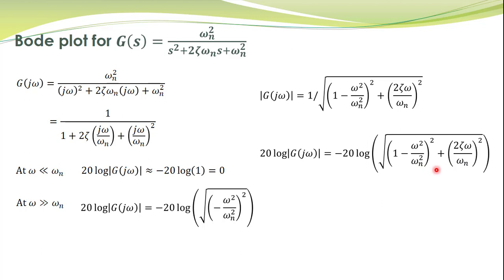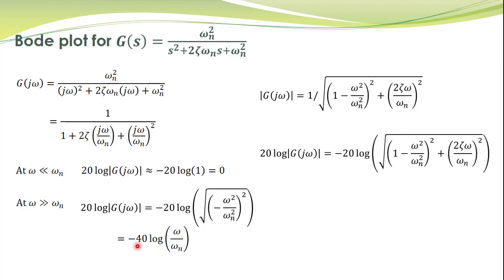Therefore this expression is equal to minus 20 log of the square root of this thing. We have ignored this one because this term is much bigger than this one. Furthermore, we have also ignored this term because this fourth power will be a much bigger number than this square term. This square root is cancelled with this square, and then this square over here can be taken outside of the log.